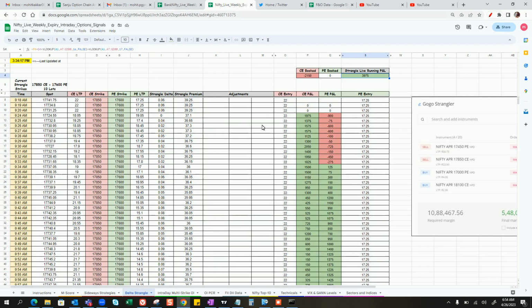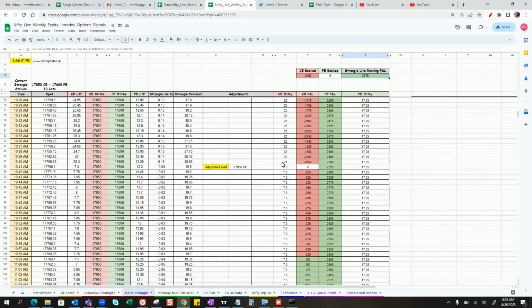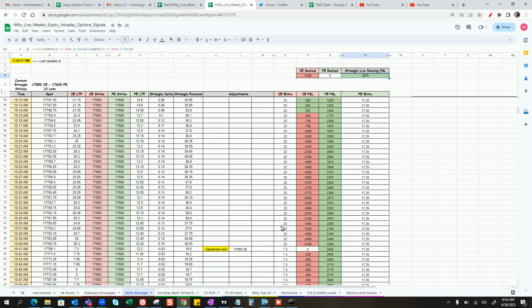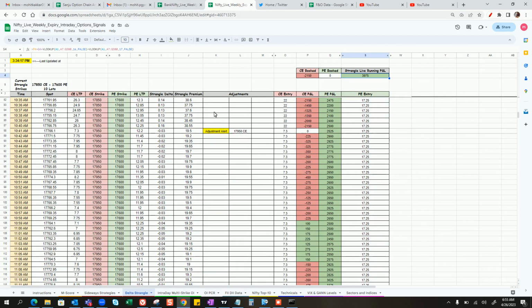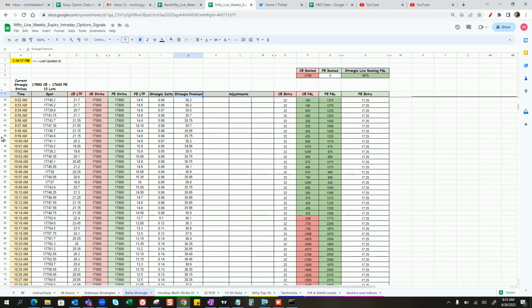And this is the new addition, right? Delta strangle is something that, even if 2-3 adjustments come, someone who's a very beginner, say even my dad, can see and trade it. Even my sister, who doesn't understand a lot of the nitty-gritties about option adjustments, can peacefully trade and make some money sitting at home.